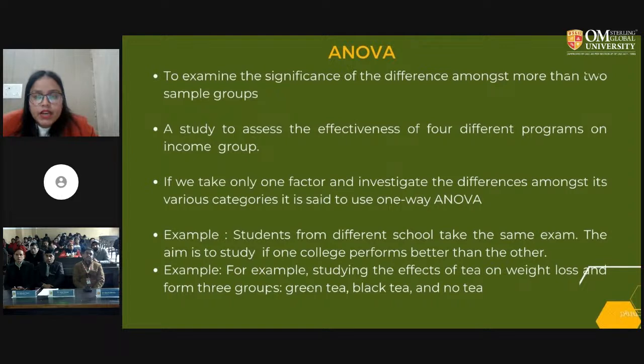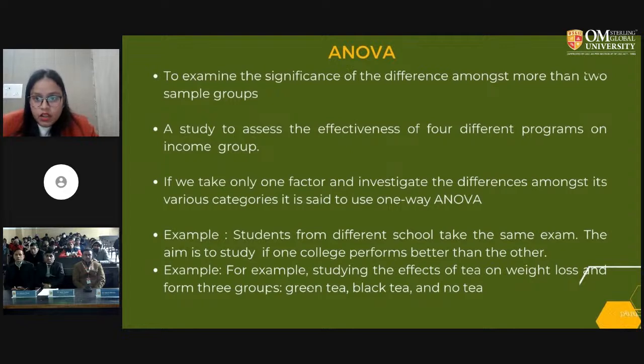Second example we can take here is, I want to study the effect of consumption of tea on weight loss. For that, we have one continuous variable here, the weight loss, and the categorization of tea is more than two sample groups, because we have here three groups. First is green tea, then we have black tea, or we have no tea.